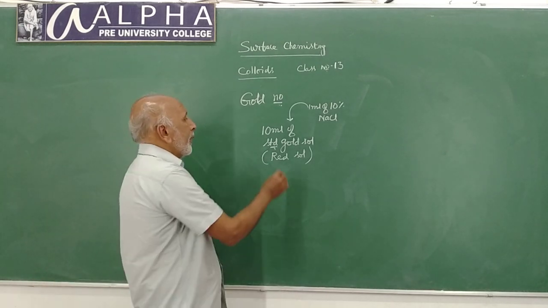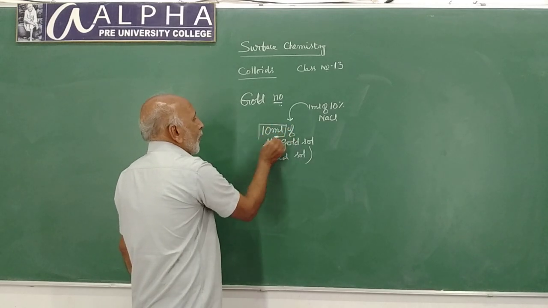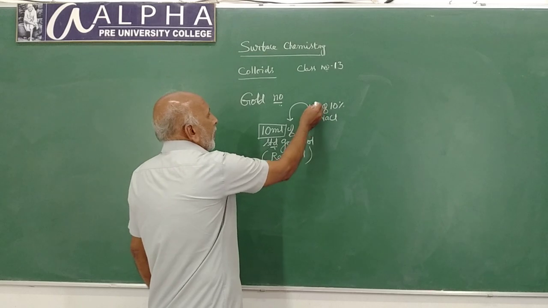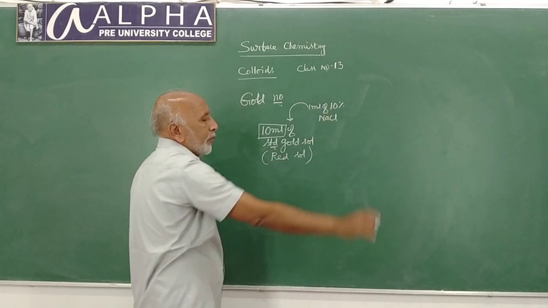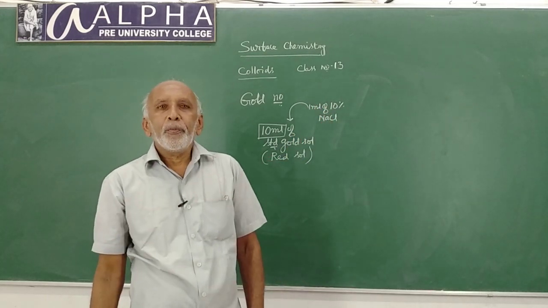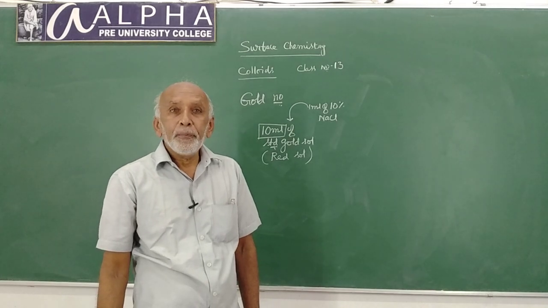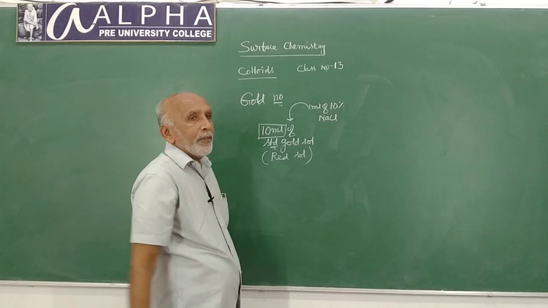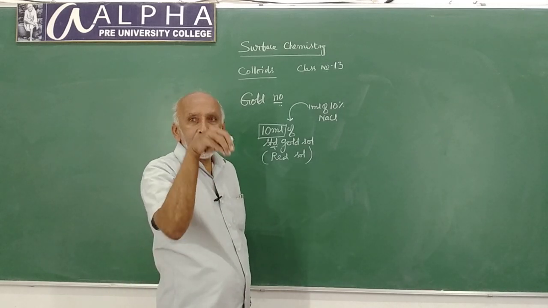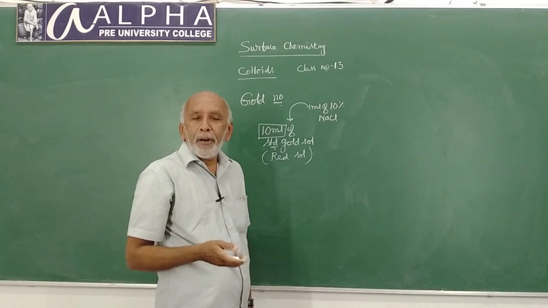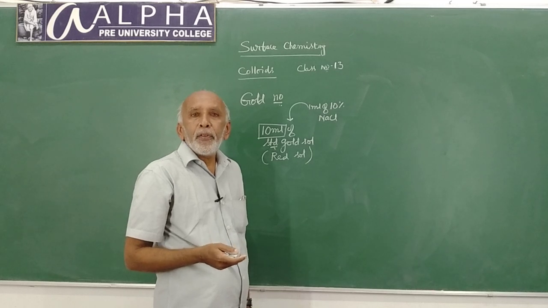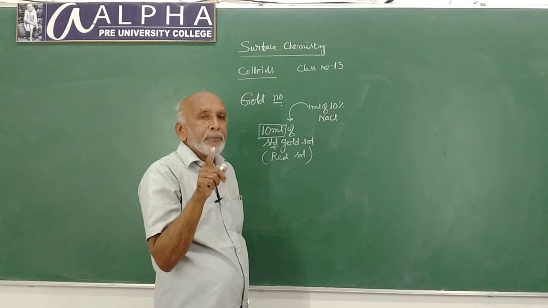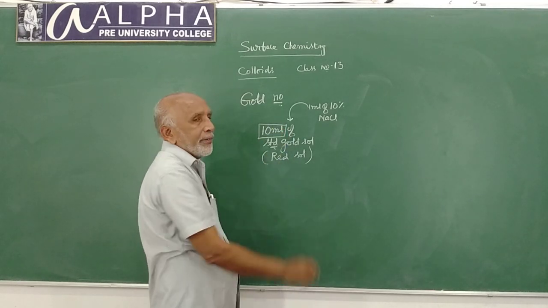See here, you have 10 ml of gold salt, and to this you are going to add 1 ml of 10% sodium chloride solution. During this process, to prevent the coagulation of this gold salt, how much protective colloid, that is lyophilic colloid, in milligrams should be added?